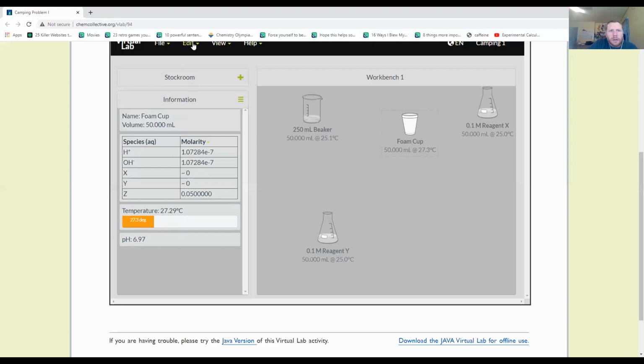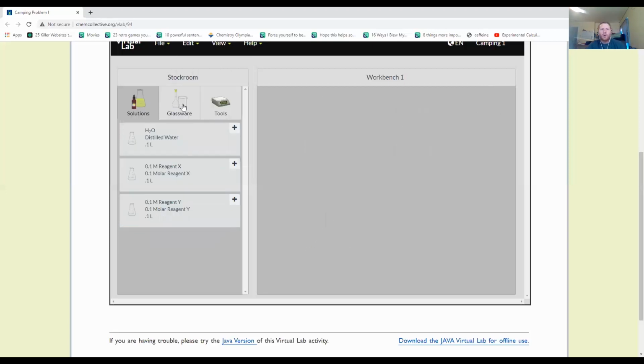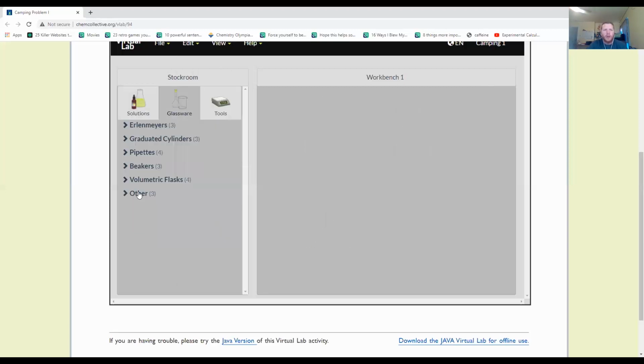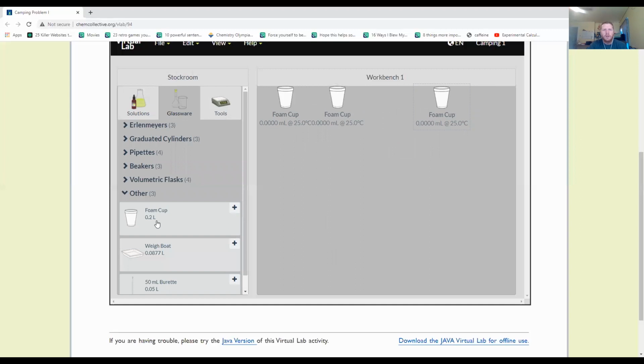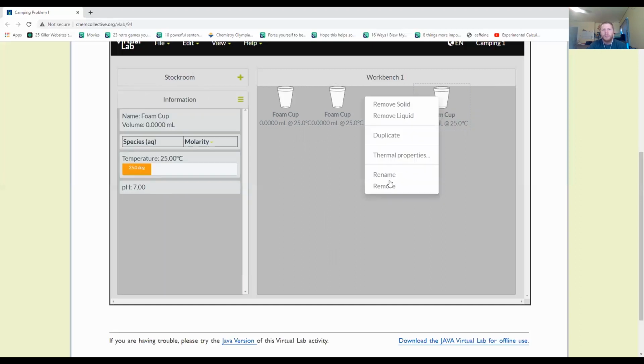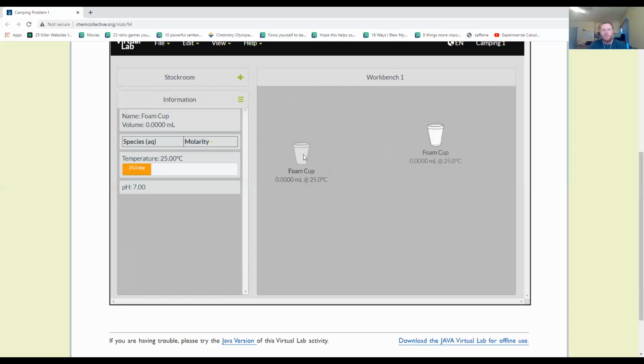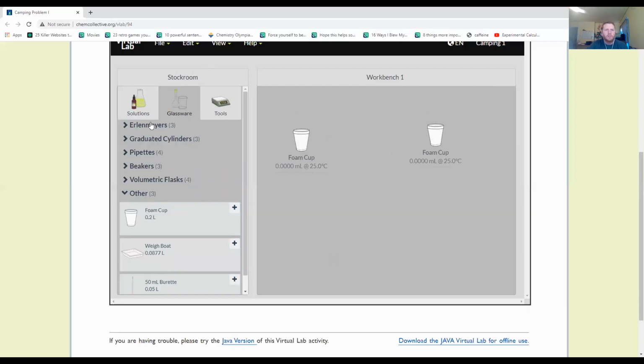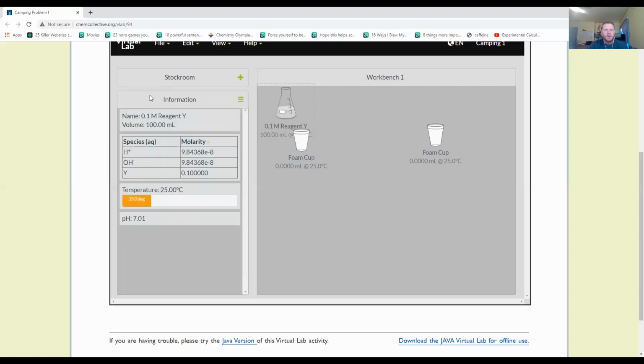Now, with that said, I can clear my workbench. I'm just going to add 2 of them. I'll remove this third one. So I've got foam cup. I'm going to go back, get my solutions, Y and X. Okay, so I'm going to start out by doing the very first trial.